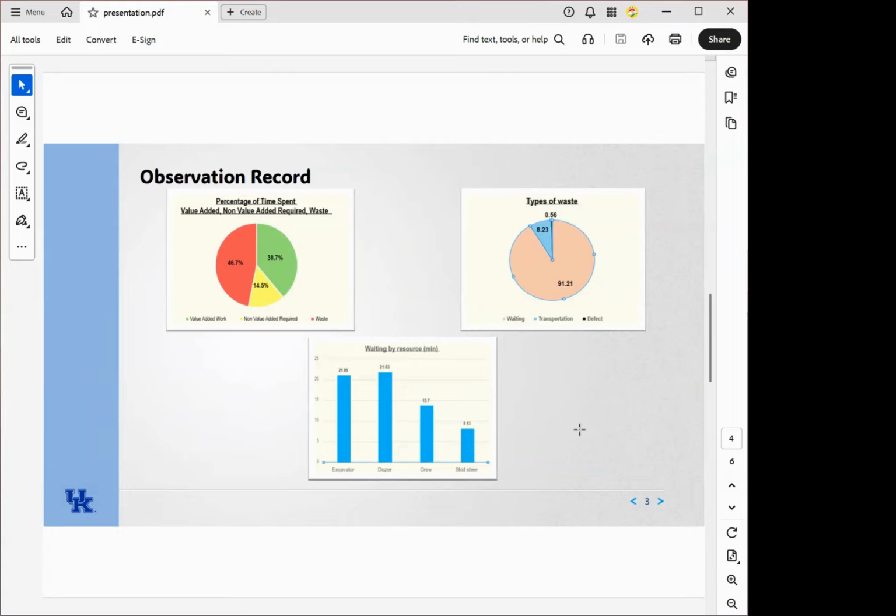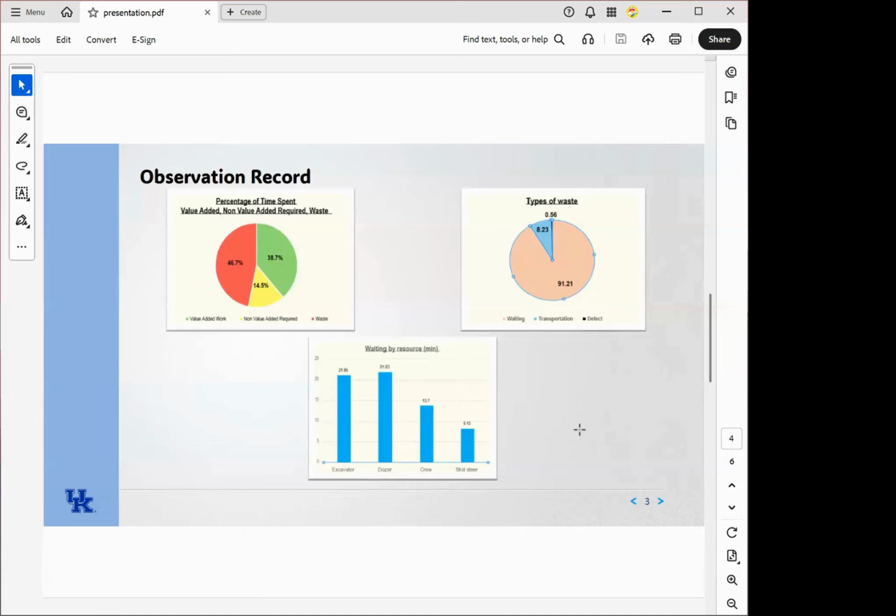So maintenance came for greasing, fueling, etc., whatever happens when that truck comes. And then the green was obviously everything value added. So that was placing the pipe, excavating, stuff like that. And then the red is when we had workers waiting, we had equipment waiting, and work just wasn't happening, or there's transportation to the stockpiles that we just saw.